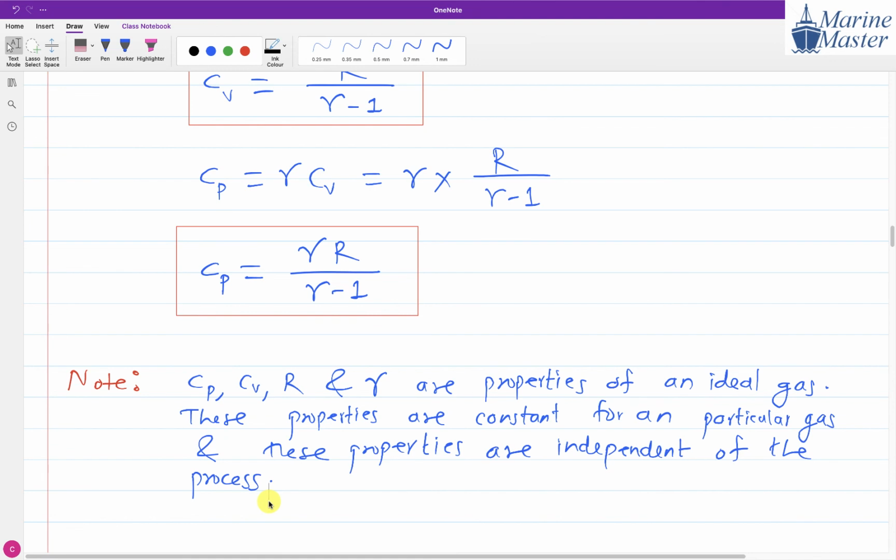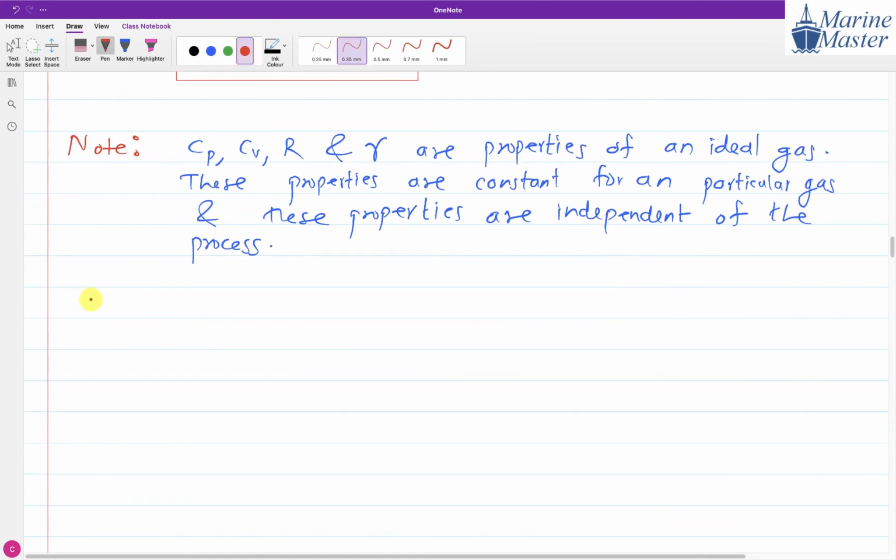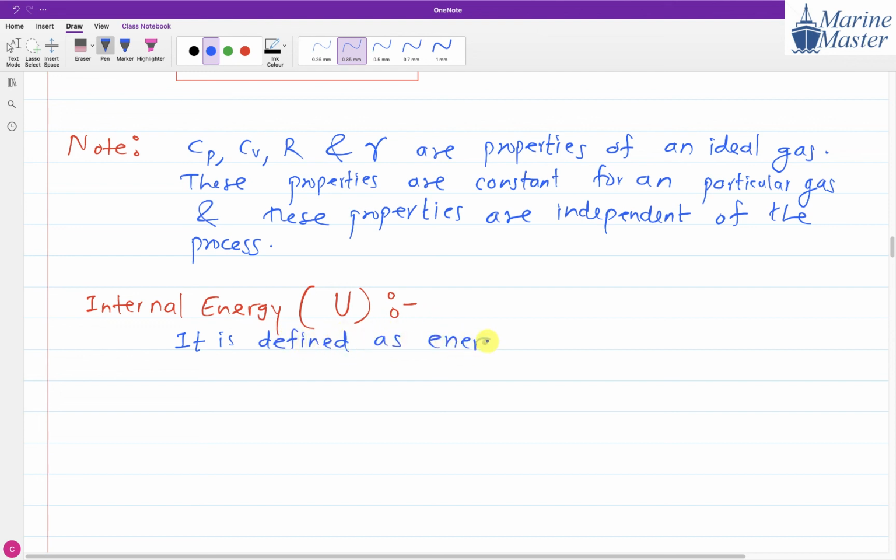Give the next heading: internal energy. We are going to denote internal energy by capital U. Now, what is meant by internal energy?